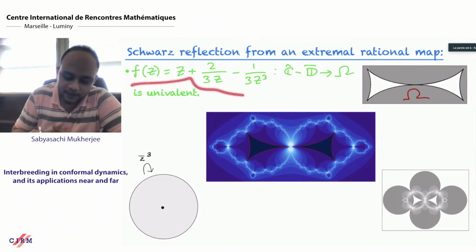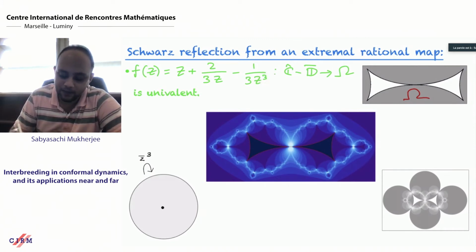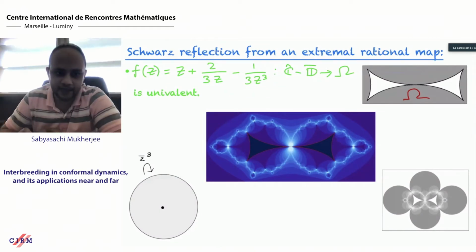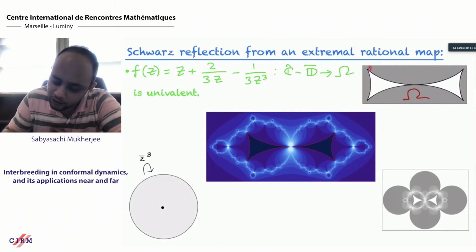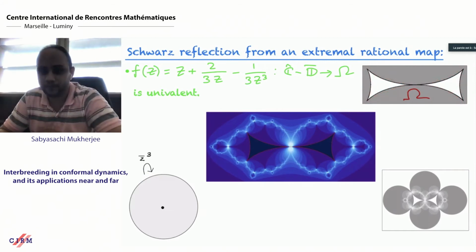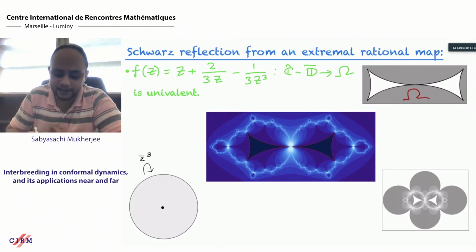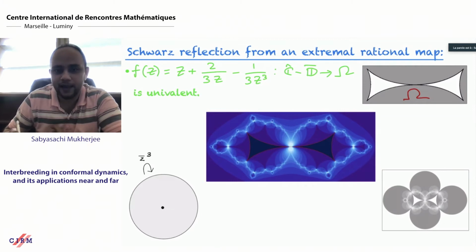This rational map is an extremal rational map in the sense that it is univalent on the complement of the unit disk, and it sends the complement of the unit disk to the complement of this pinched curve, which is essentially like a union of two deltoids. It's extremal in the sense that among all such rational maps of degree 3, this one has the maximum number of cusps and double points on the boundary.